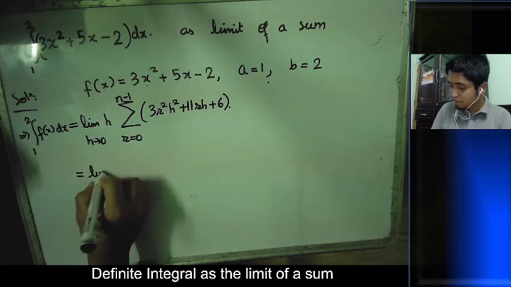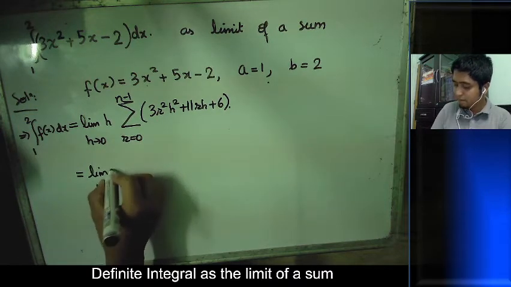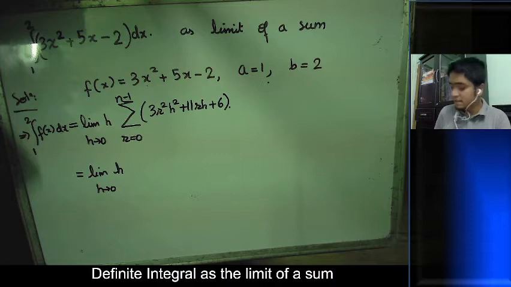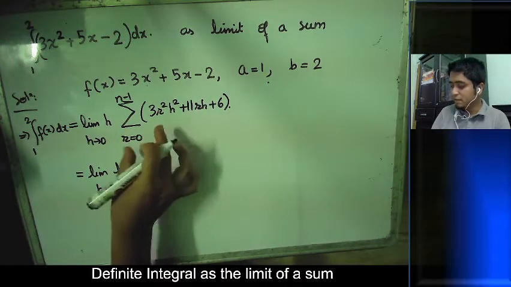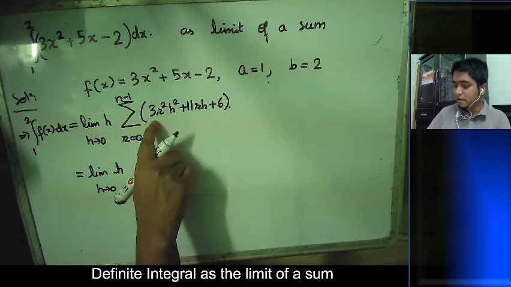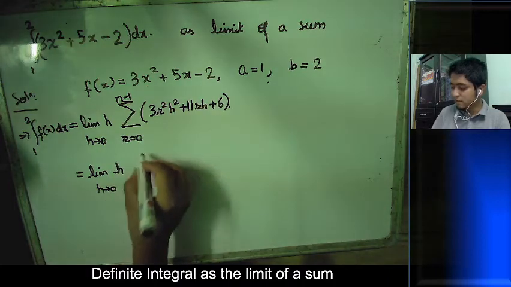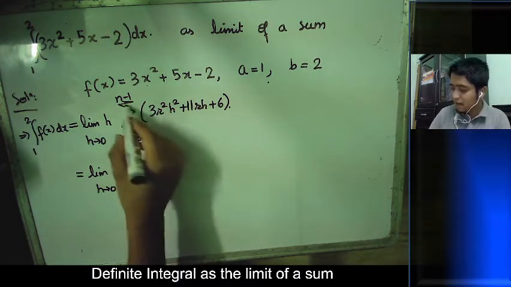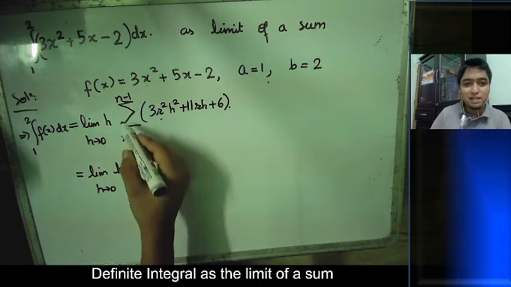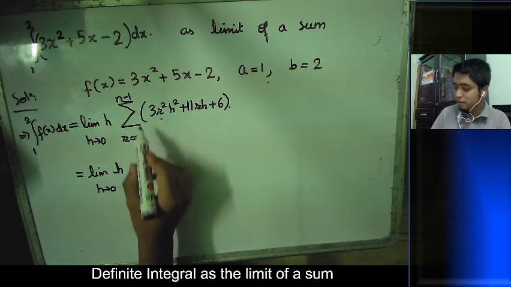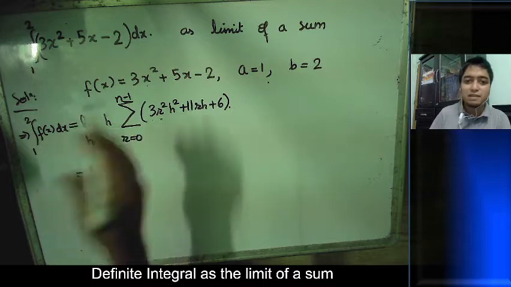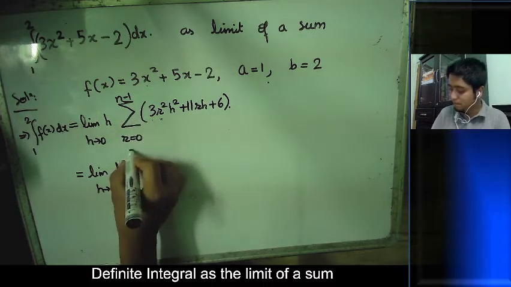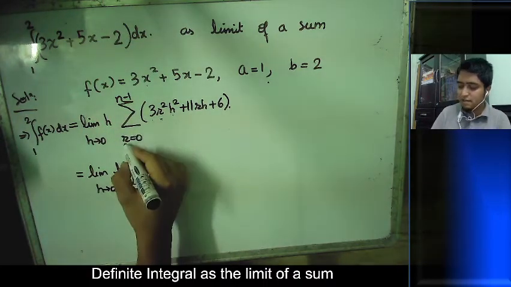So now we can just calculate the left hand side. This one stays as it is. Now this summation can be split up into 3 summations. 3h squared is a constant because it doesn't depend on r. You cannot take r outside because the index over here is r. Whereas 3 does not depend on r, so you can take it outside the summation. Similarly, h squared does not depend on r.